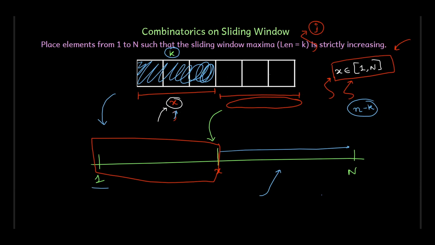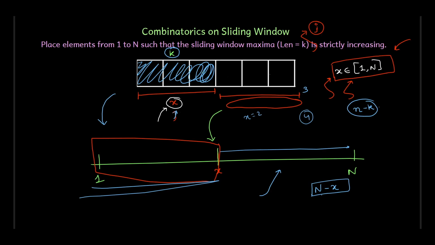Since you have used up x elements on the left hand side, you are only allowed N minus x choices. Suppose there are 3 slots over here, but N could be big. Let's say you restrict x as 2, then you have 4 numbers remaining, but you only want to use 3 numbers over here.